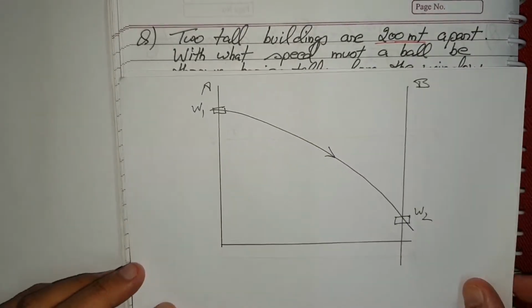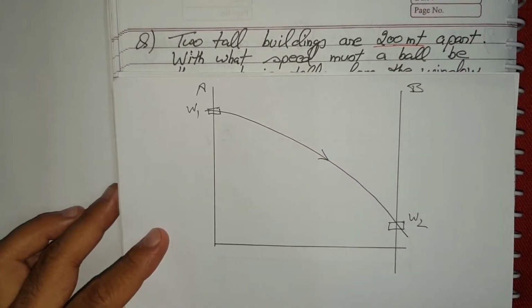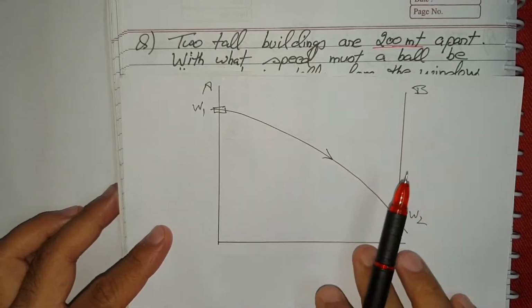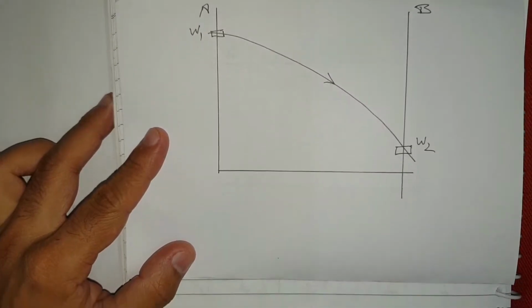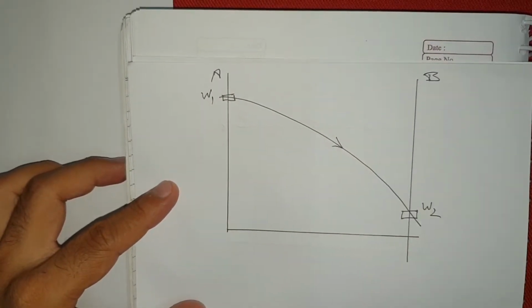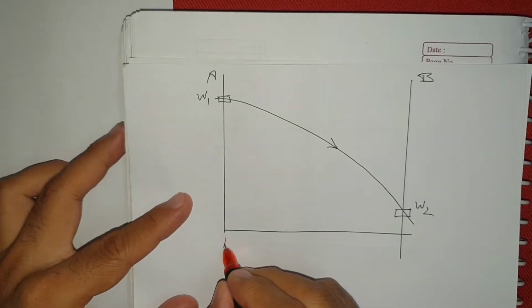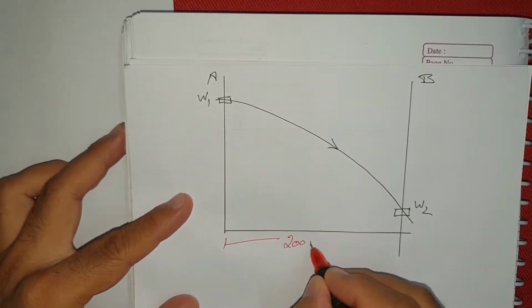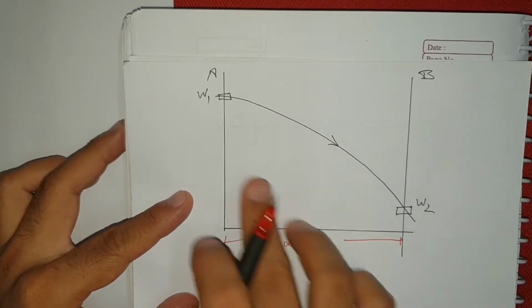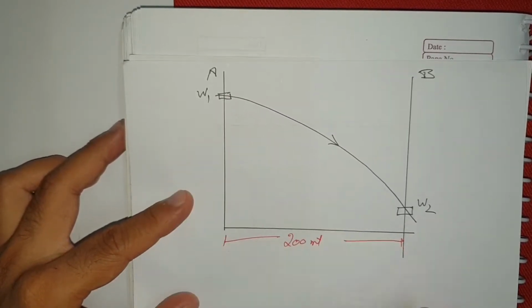Now see, for the diagram you can look at this. Here A and B represent two different buildings, which are 200 meter apart, that is given to you. W1 and W2 are the two windows in A and B respectively.